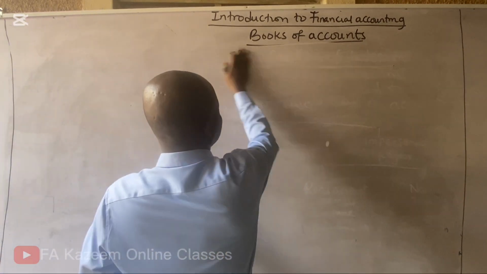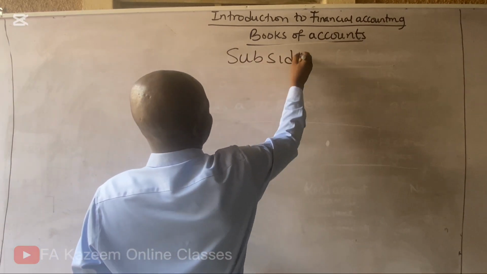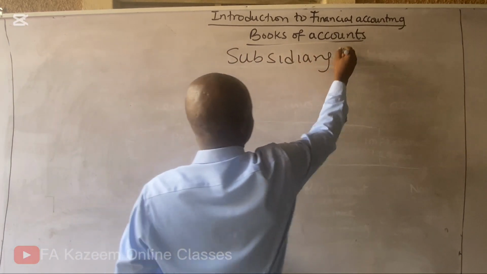Now, we'll be looking at the second book of accounts, which we know as the subsidiary book.